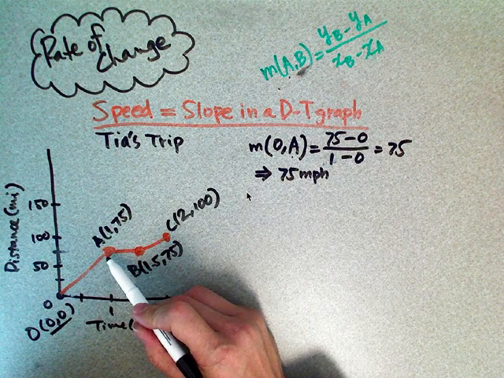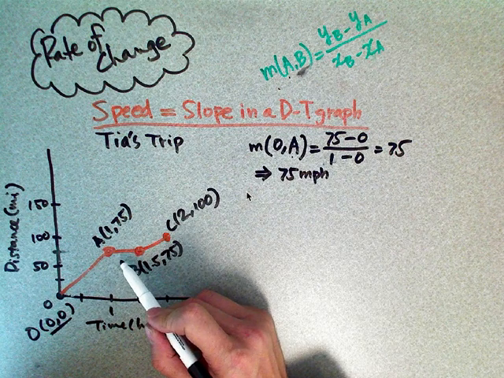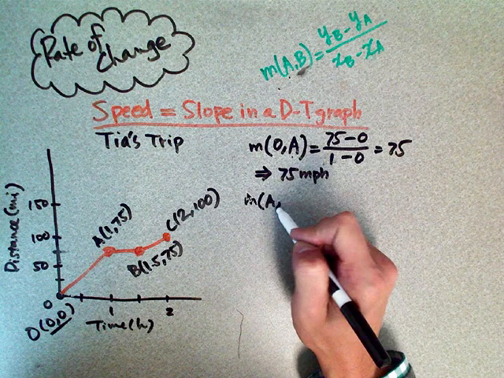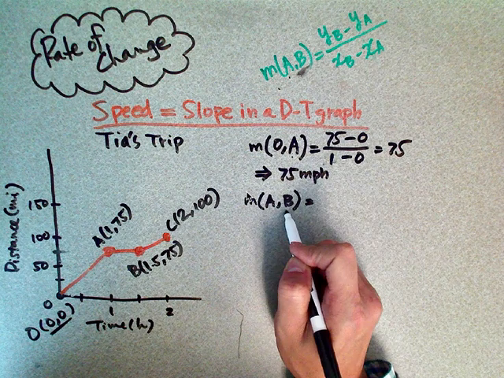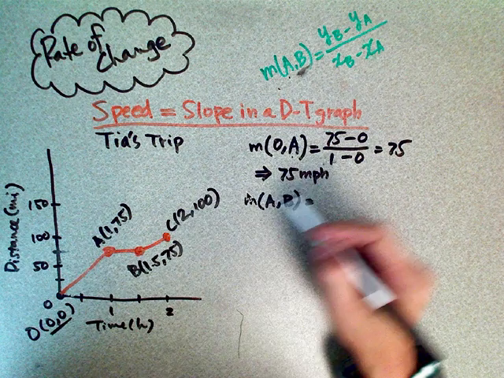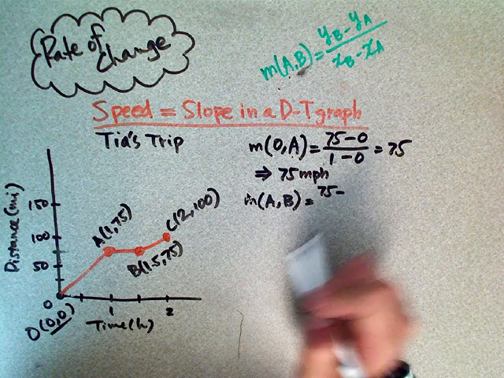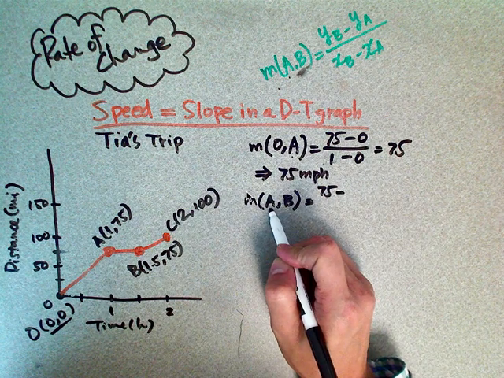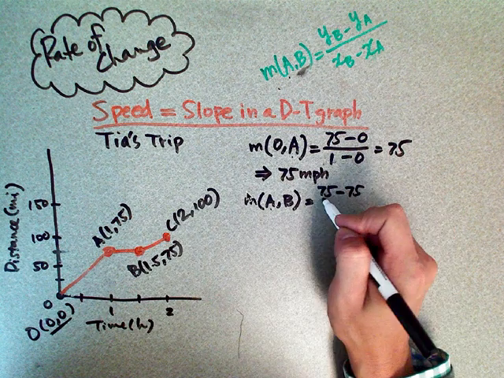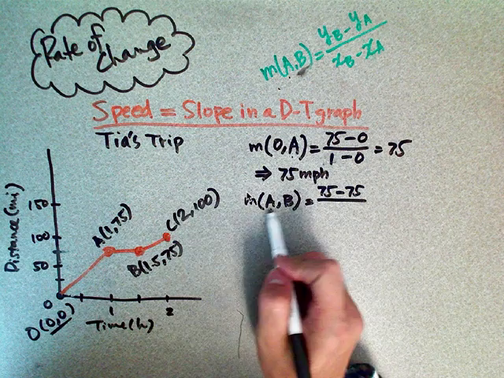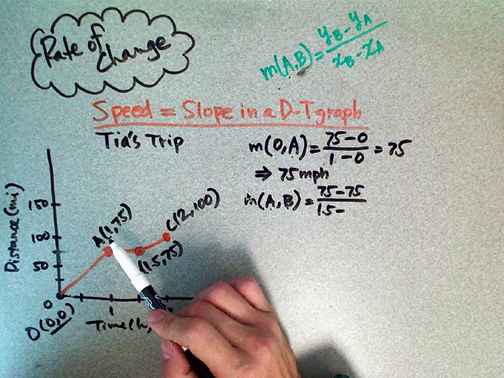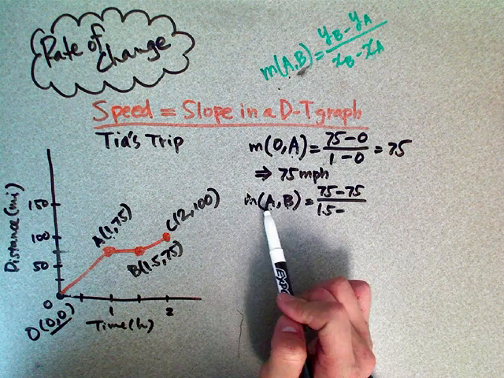Now, we've got the flat part of this graph. Let's find out the slope between points A and B. We first take a look at the y coordinate of point B, which is 75, minus the y coordinate of point A, which is 75, all over the x coordinate of point B, which is 1.5, minus the x coordinate of point A, which is 1.